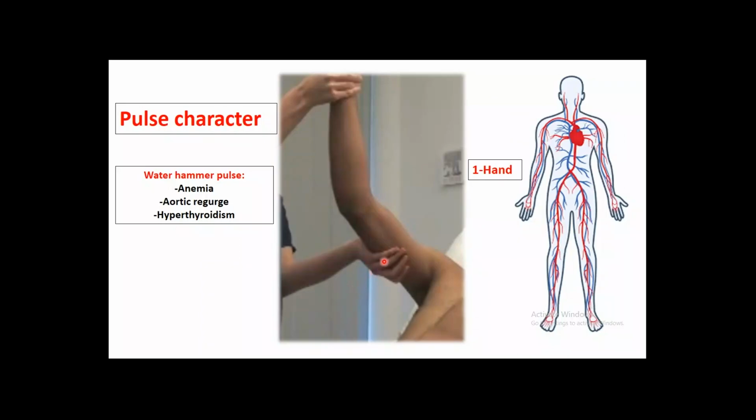If the brachial pulsations are transmitted across the muscle bulk to your fingers, then this is a patient with a large pulse volume. So this is called water hammer pulse. What are the causes of water hammer pulse? A large hyperdynamic circulation, like in anemia, thyrotoxicosis, pregnancy, or a pathological cardiac problem like aortic regurgitation.